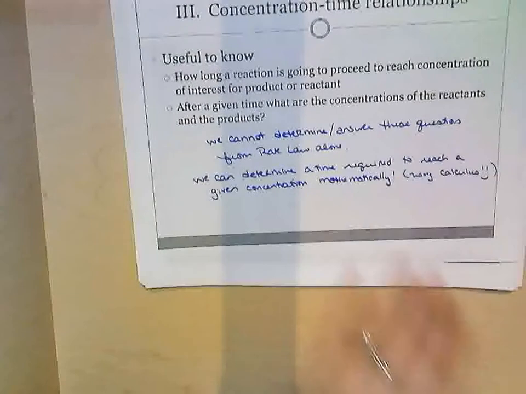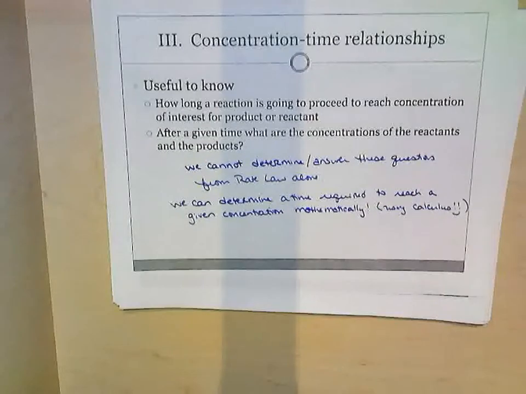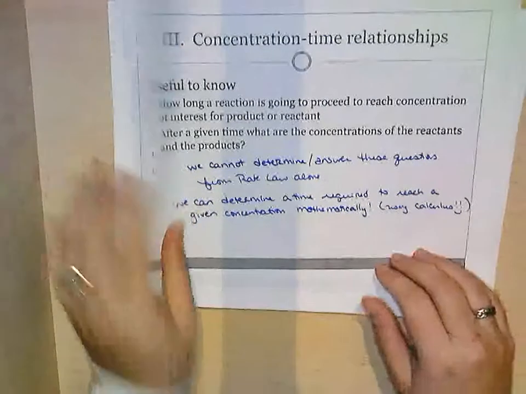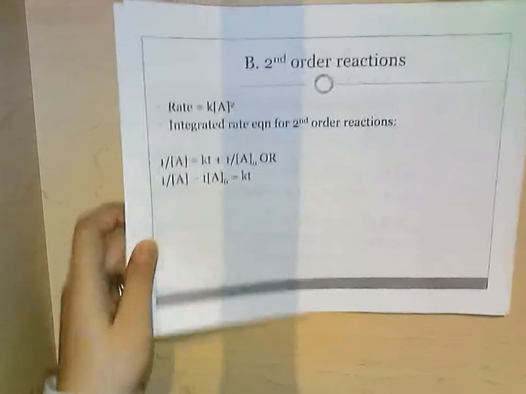Right, we want to know how long a reaction is going to proceed to reach a concentration that we're interested in. And we want to know, if we know how long the reaction's gone, how much starting material is in there, and how much product is in there. So we talked about integrated rate laws as our way to solve those problems. And we did the first order integrated rate law, which means we're now ready for the second order integrated rate law.